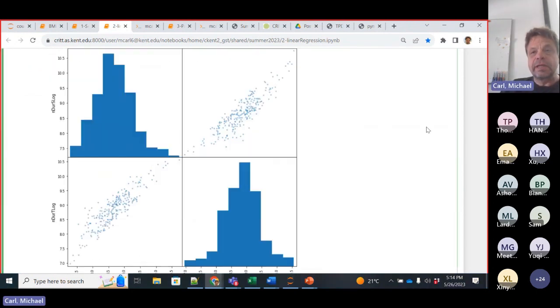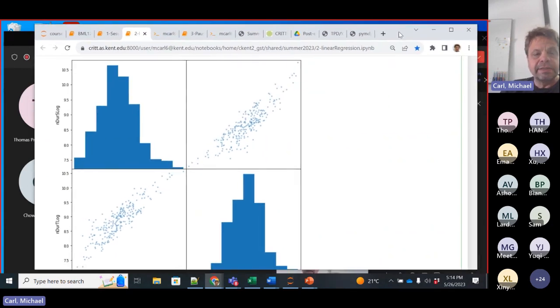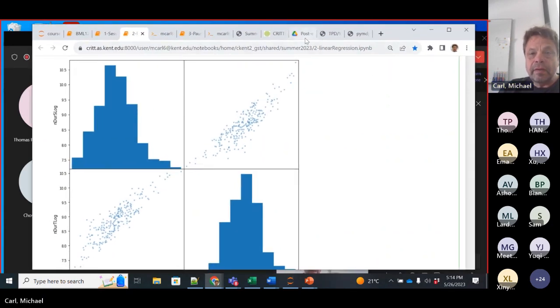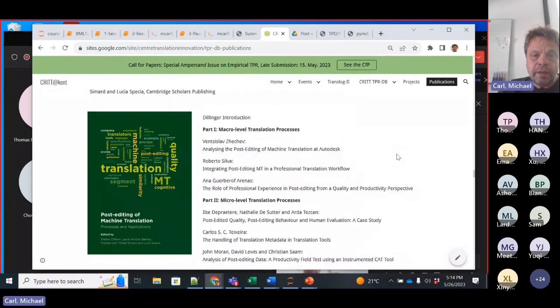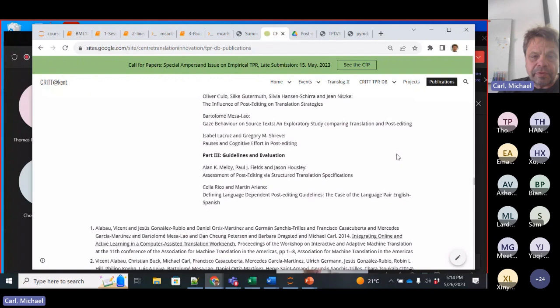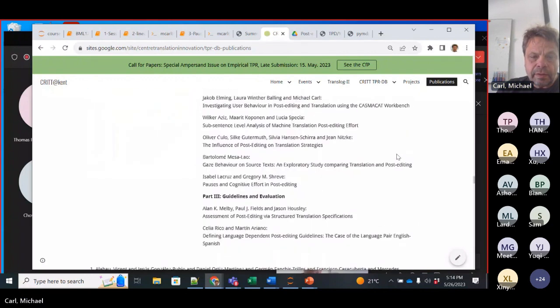I would like to still look into something else, which is the pause analysis. I'm taking this chapter from this book here, and Isabel Lacruz, a colleague of mine, approximately 10 years ago produced a couple of papers about pause analysis.